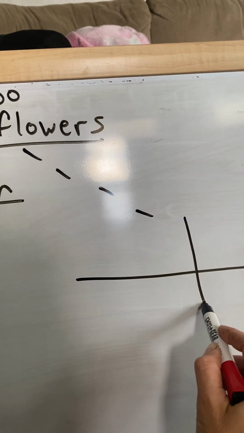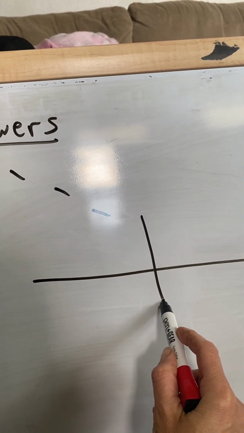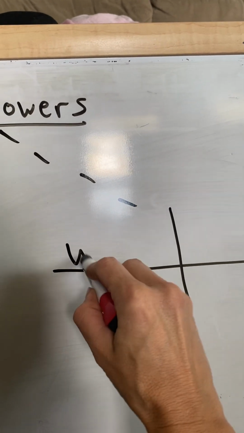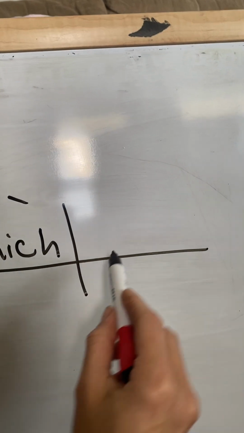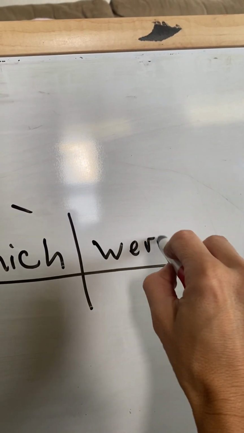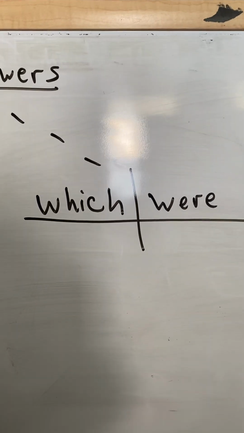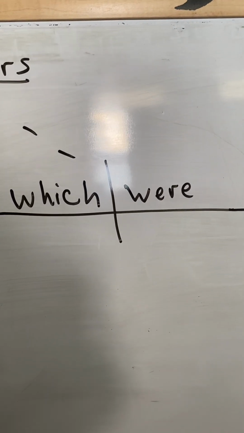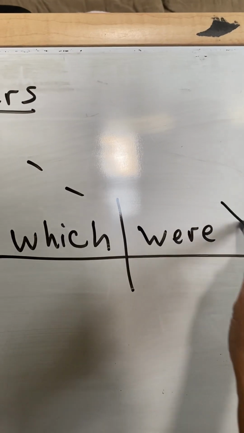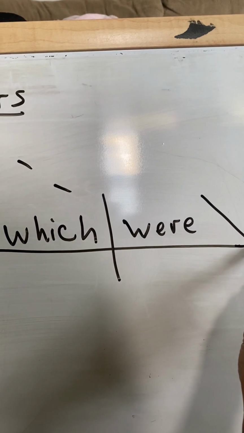Set this up where our subject is which, and it is were. Now, what is the sentence pattern we said? Which were daisies? Remember, we said daisies was renaming our subject, so it is a predicate nominative.